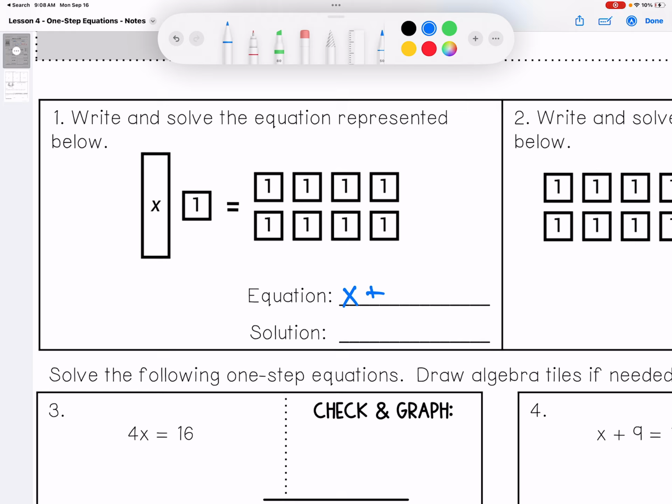So x plus 1 equals 8. What would be the solution there? What plus 1 equals 8? 7.